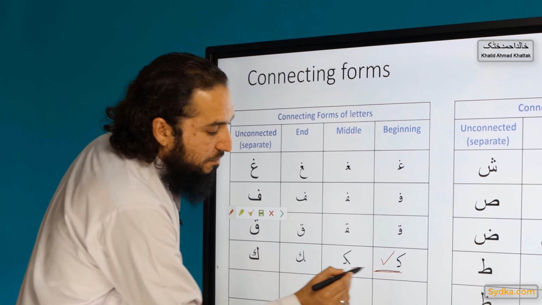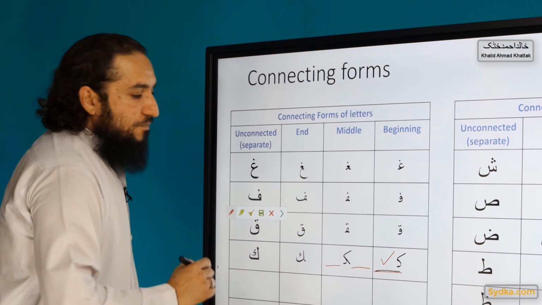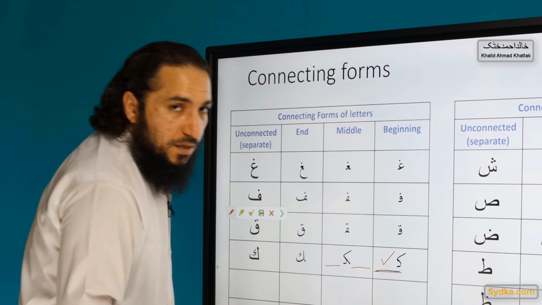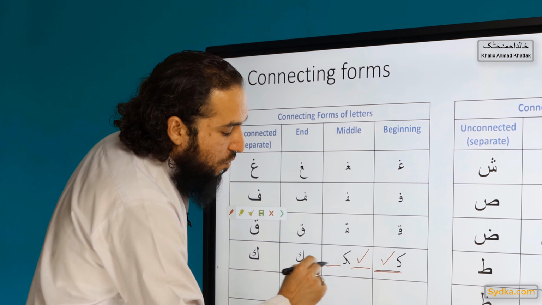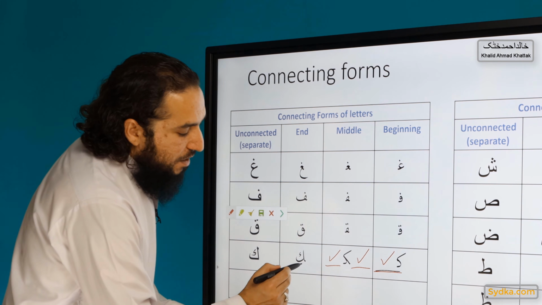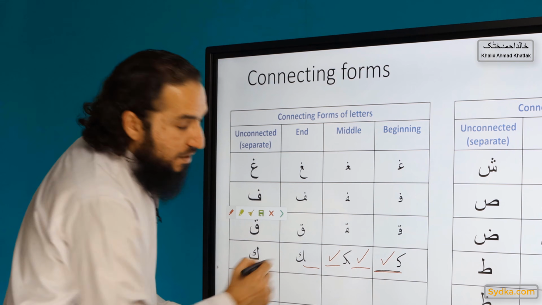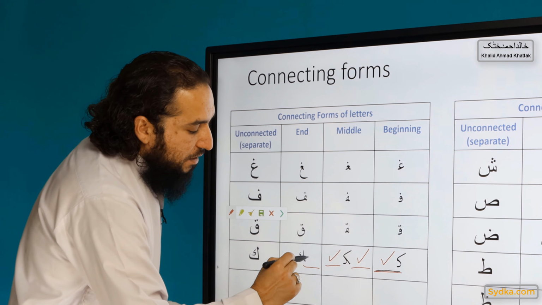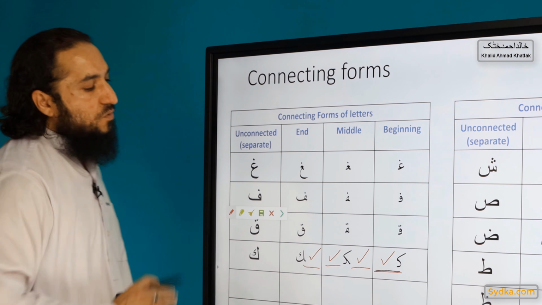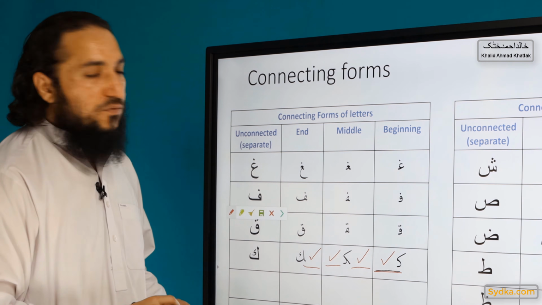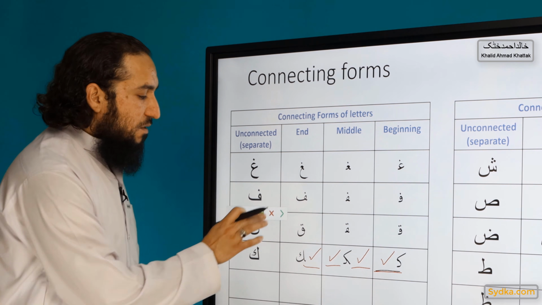If it is in the middle of the word, you can connect other letters before or after. If it is at the end of the word, you can connect other letters before it. So it fulfills all the conditions, hence it is a connector.